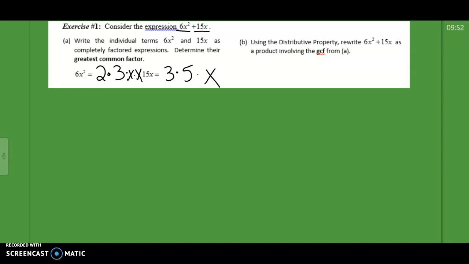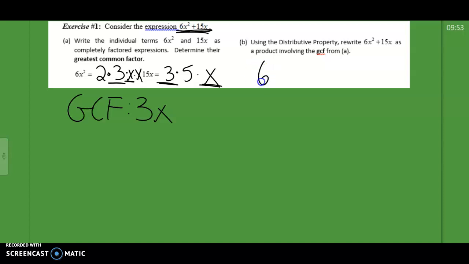Now we look for ones that they have in common. So there's a 3 here and a 3 here. They have that in common. There's 1x here, there's another x here. So the GCF of this binomial right here, the largest thing that can go into both, is a 3x. Okay? So what we've done is we've actually put that in.